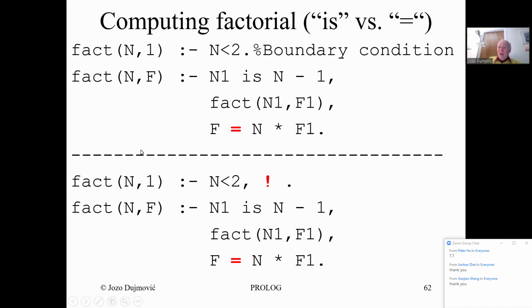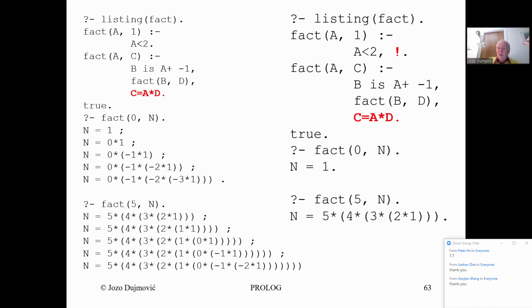So when I have here that f equals n times f1, these are numerical values. So you are going to get that this f is, for example, 5 times 4 times 3 times 2 times 1. And if I have this program that has no cut and this that has cut, you can see the anatomy of that work.